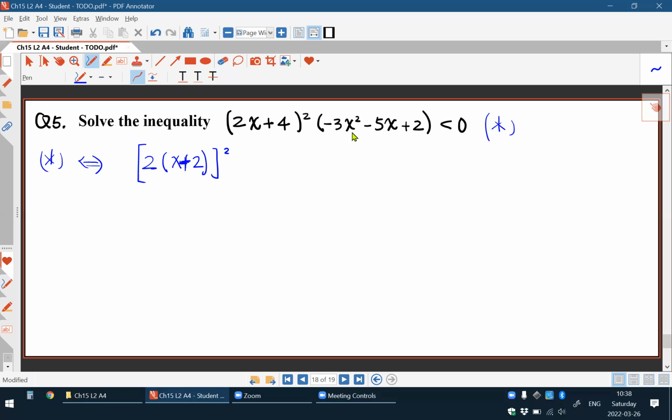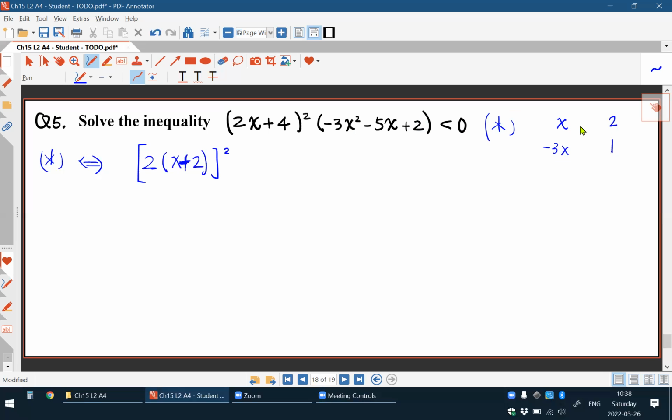So how about the second part? Seems that the second part is a quadratic expression, right? Probably you can try using cross multiplication. It's not very difficult. So -3x squared can be factored to x by -3x. Then because we have a 2 as the constant, 2 can be factored 2 by 1.